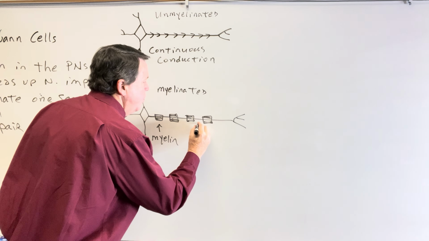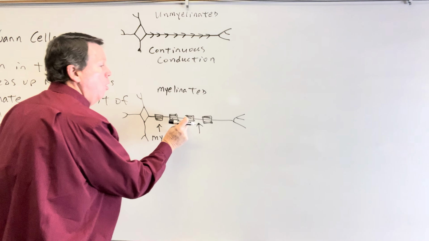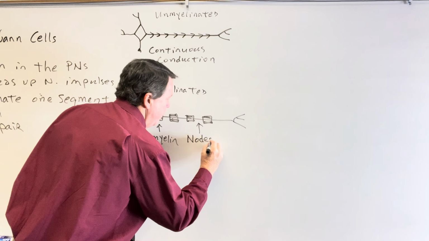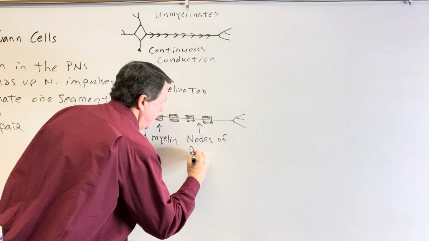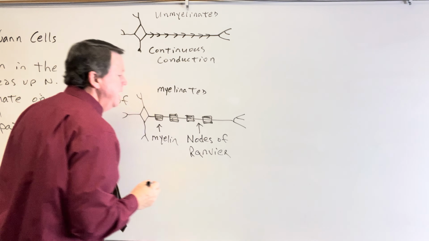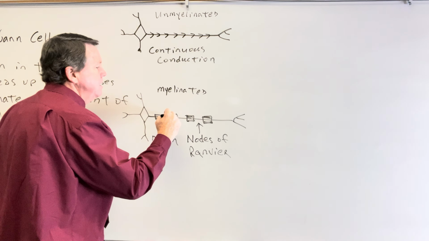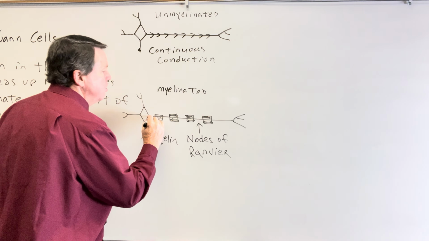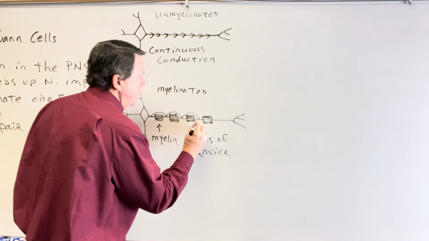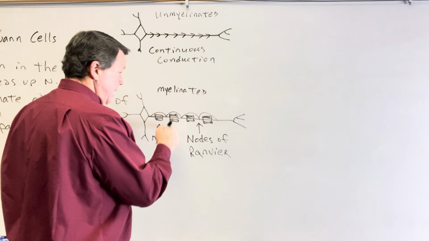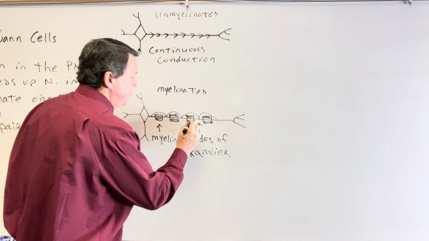And then if you notice between the myelin, we have these little openings that we call nodes, and we're going to call these nodes of Ranvier. And then what's going to happen is my sodium-potassium gates are going to open up just in these areas. So when they look at this, it looks almost as if the impulse is skipping over this to get down that axon, okay? And this is, again, in a myelinated axon.